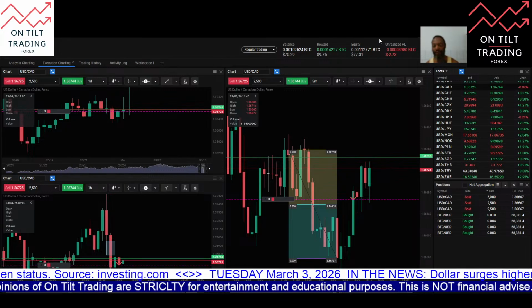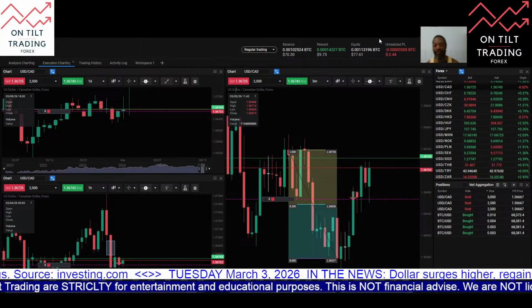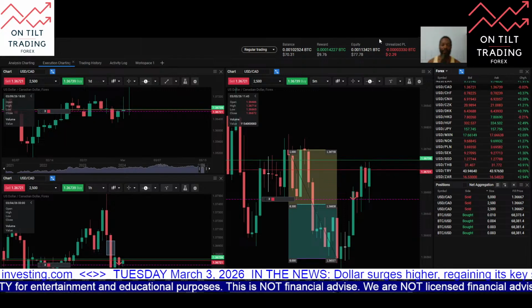Price consolidating here near the 136,720 level here on dollar CAD.